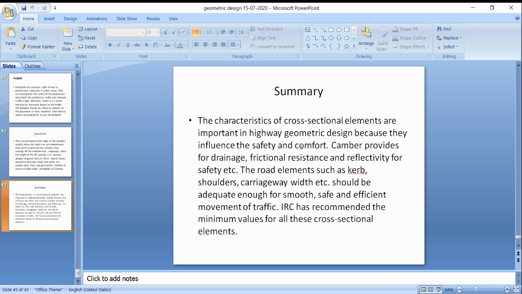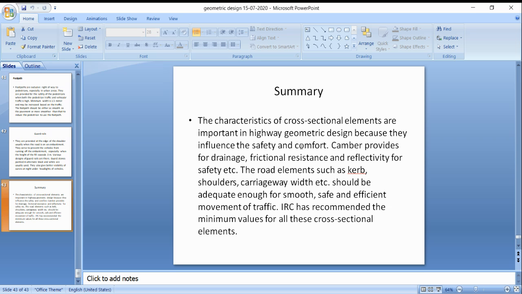So IRC has implemented minimum values for all these, and we have seen the IRC recommended values also. We have to follow all those recommended values so that we are all safe while going on the roads.